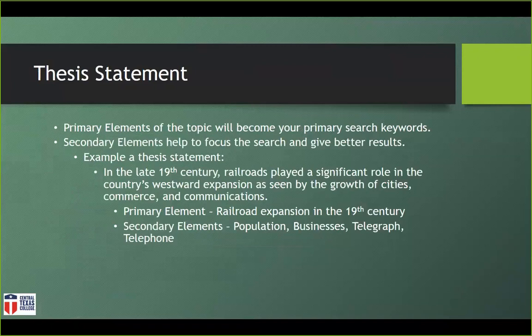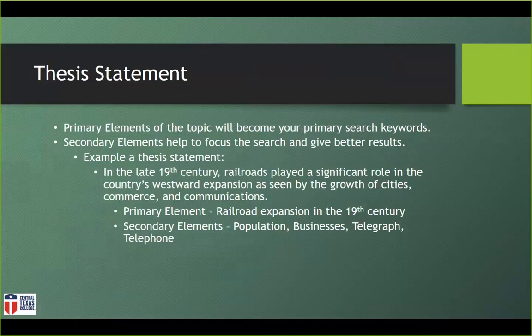The thesis sentence is a working sentence that is the foundation for all aspects of your paper. It does not need to be elegant or grammatically correct. It should contain both primary and secondary subject elements. The following sentence provides an example of a thesis sentence used for a history paper.